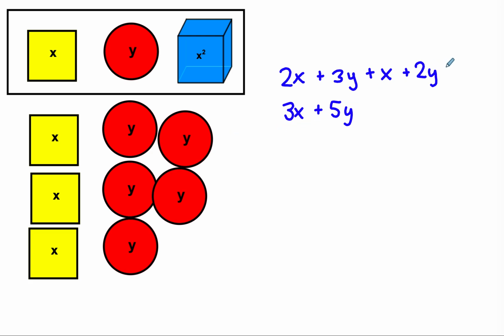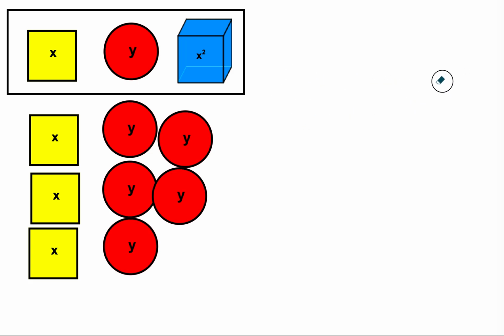Now if I added an extra, actually here, I'm going to just erase this and write something new. So here's my new expression. I'm going to start with what I already have out. 3x plus 5y plus 2x squared plus another x. Okay, so here now I have one that has an x squared on it.